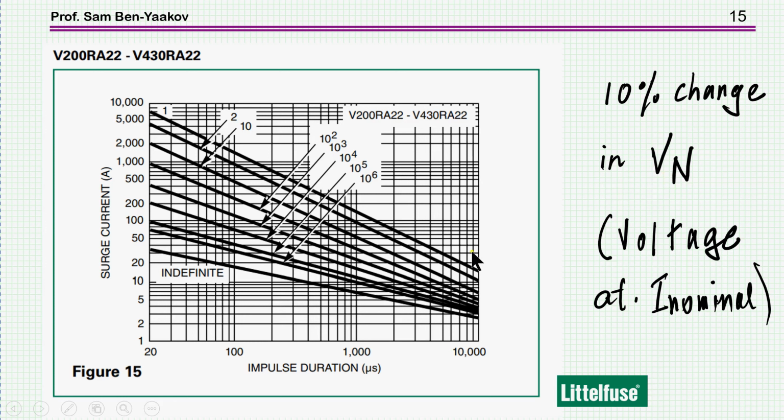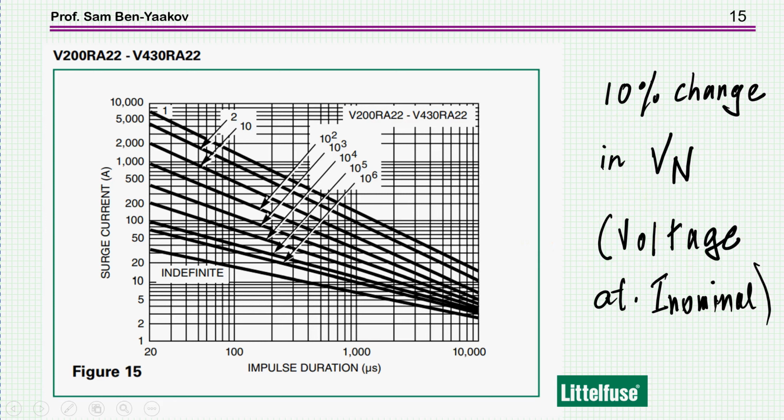That is, if this unit is specified, for example, for this 200 volt we talked about, then you would expect that the maximum change will be 10%, which is like from 200 volt, 20 volt. So it will be 180 volt for the same specified current, like 1 milliamp or whatever.